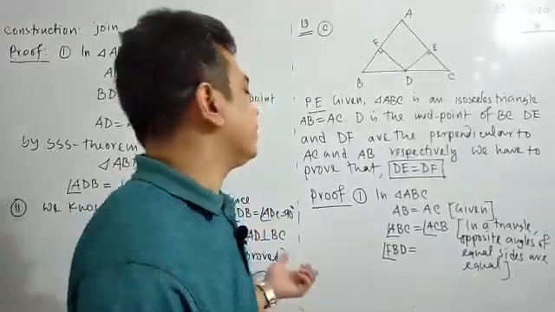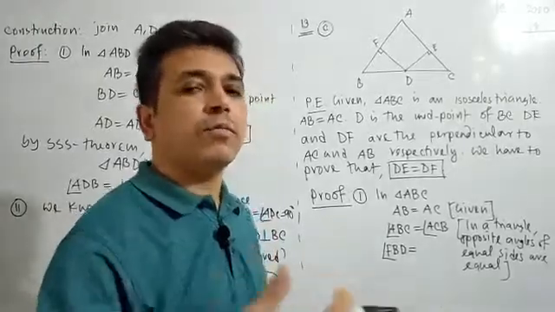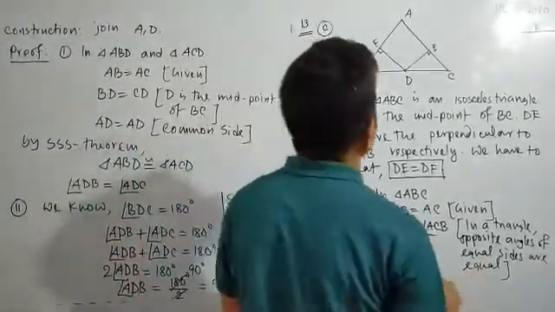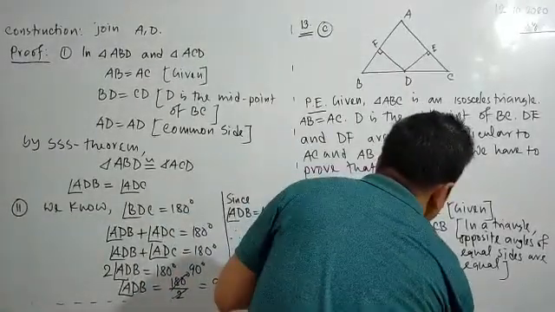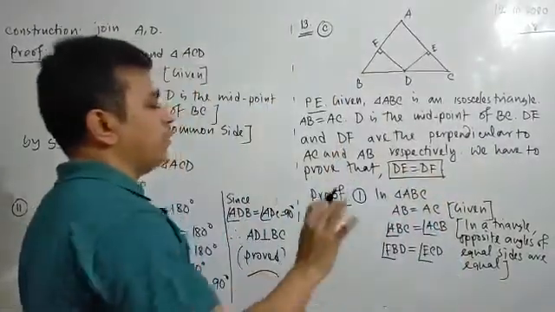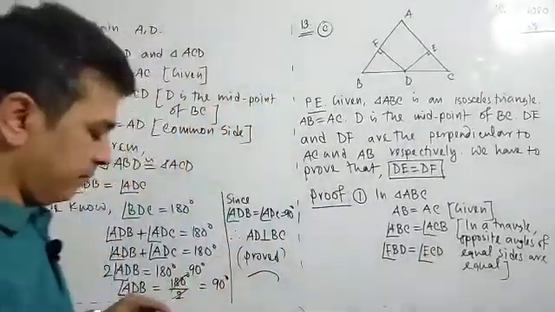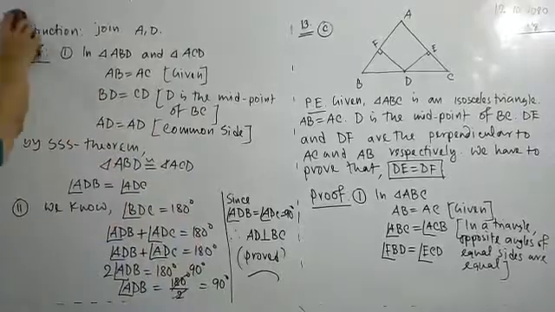Whether the side is longer or shorter, the angle is always the same. So ACB we can write ECD. I'll put it there, we will use it later. Okay, I am erasing this part.